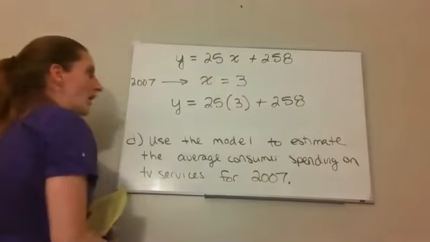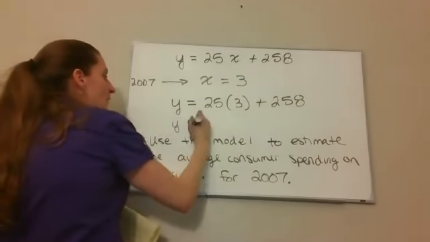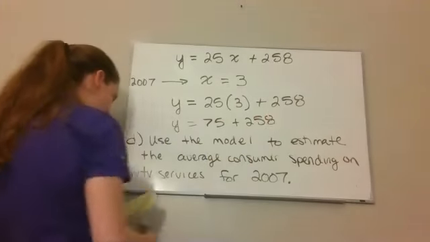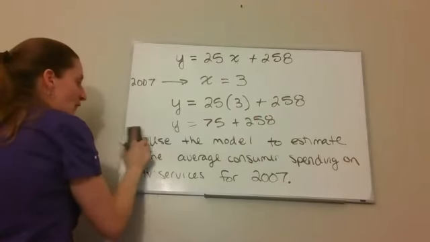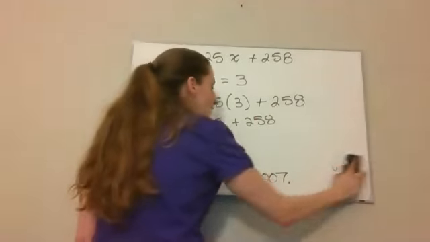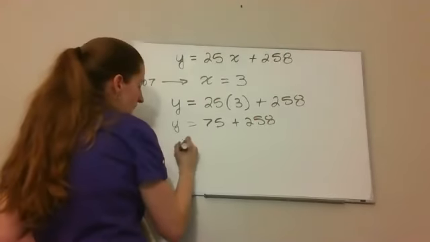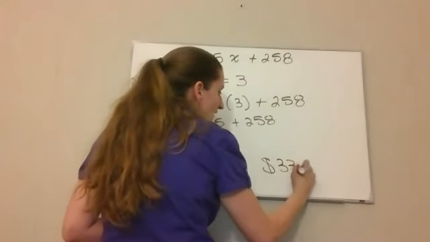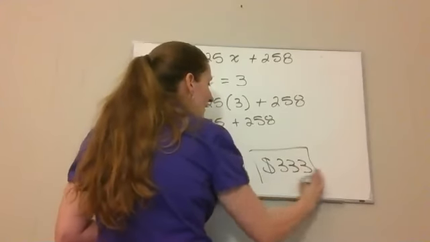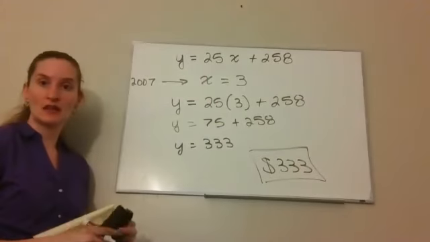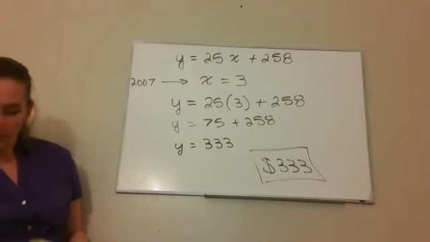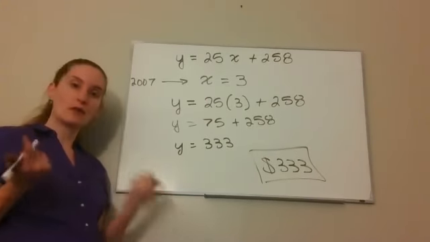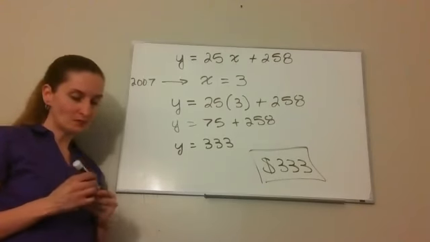And then just simplify. This tells me y is equal to 75 plus 258. And when I combine those together, I get $333. So we're predicting that the average consumer spending on TV services in the year 2007 would be $333 based on using a linear model and those 2 data points that we have.